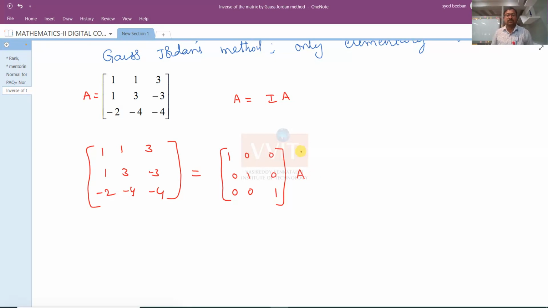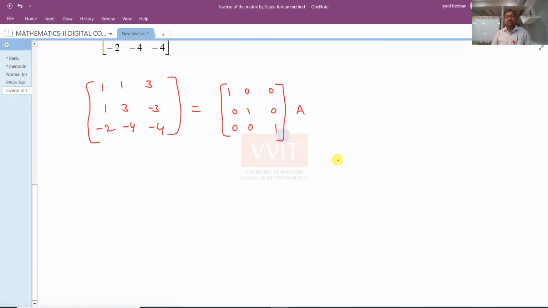In that, the post factor I'm not using, because in the post factor we usually apply only column operations. So here I'm not using any column operation. That's the reason I discarded the post factor.